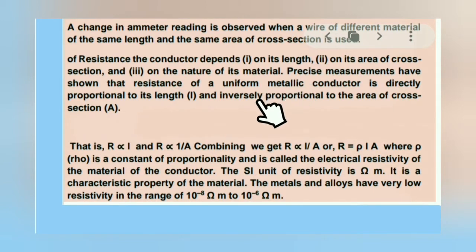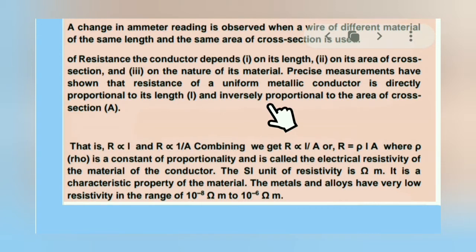Okay, that means, because I told you to do this experiment with a nichrome wire, but if you do this experiment with a copper wire, we can see that the reading will be different. If you take a copper wire and a nichrome wire, both having the same length and the same area of cross section, we can see that the ammeter reading is more for the copper wire.